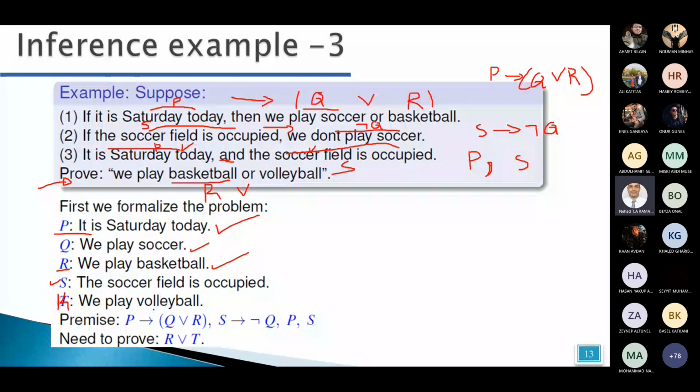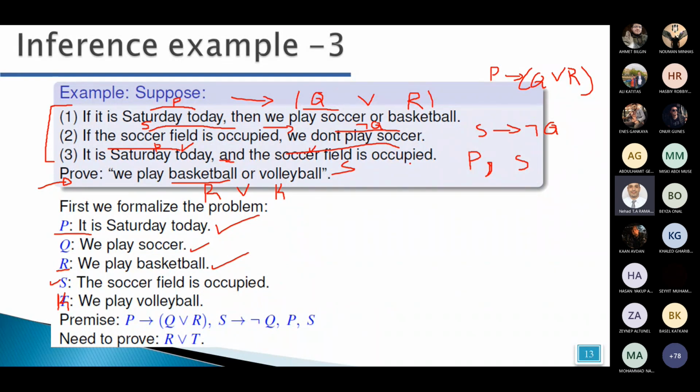K means we will play volleyball. So R or K. K is not given to you before that. It's in the proof. You have to prove that we will play basketball or volleyball. But as you can see here, volleyball is not given to you in any premise.